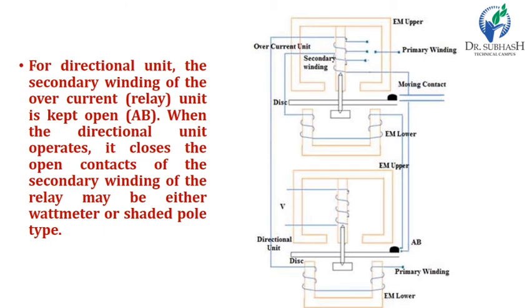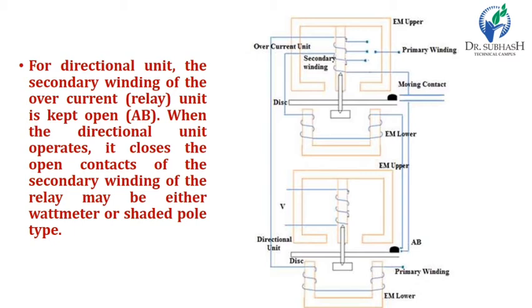For the directional unit, the secondary winding of the overcurrent relay unit is kept open. AB is open. When the directional unit operates, it closes the open contact of the secondary winding of the relay, which may be either wattmeter or shaded pole type.